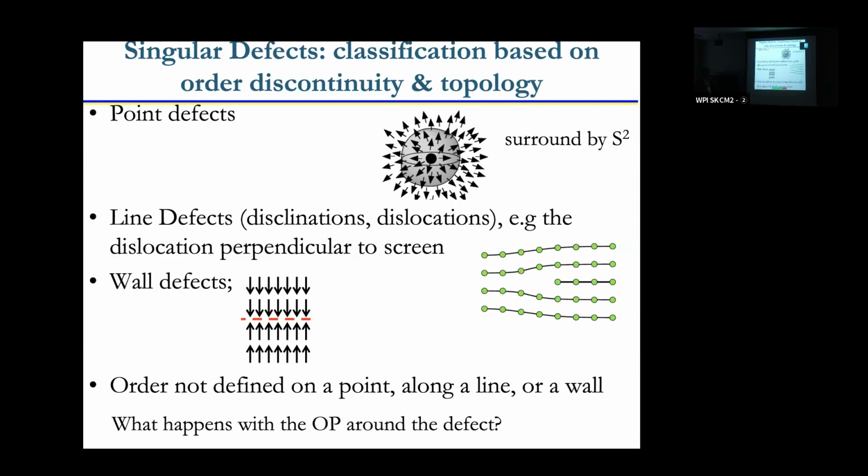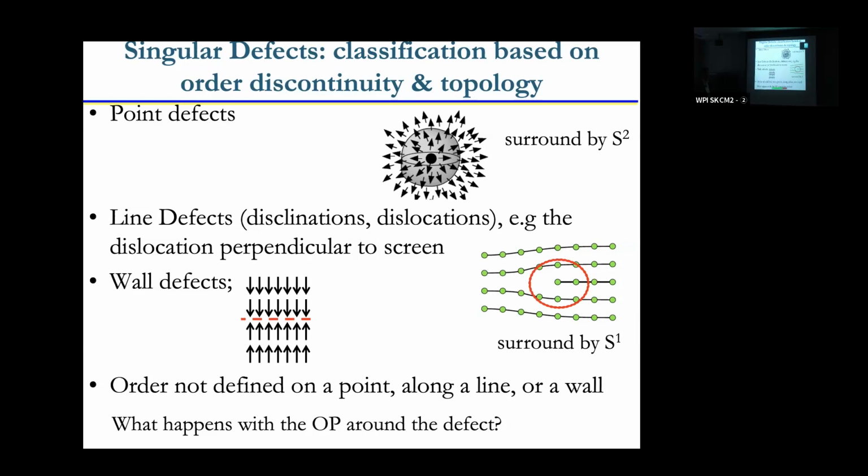So in the case of point defects, it's natural to surround them by S2, a two-dimensional sphere. In the case of line defects of different kinds, like dislocations or disclinations: dislocations are defects in translational order of crystalline solids, like the one you can see in here.